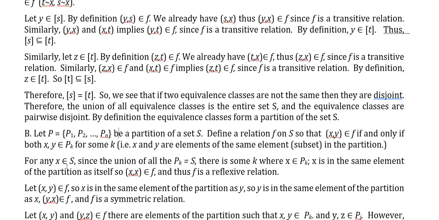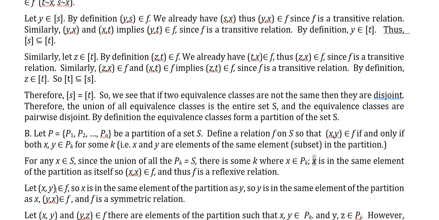Now let's take any X in S. Since the union of all the partitions is S, there's some K where X is in one of the P sub K. And X is in the same element of the partition as itself, so X is related to itself, and thus F is a reflexive relation.